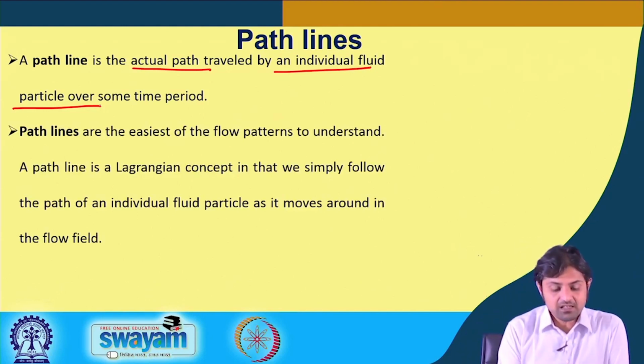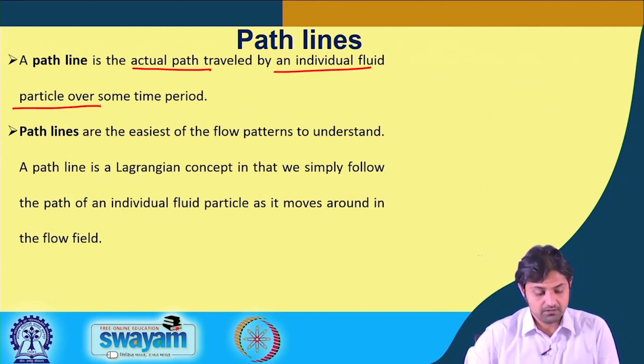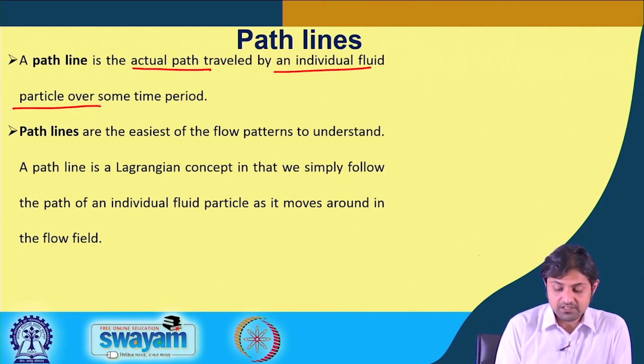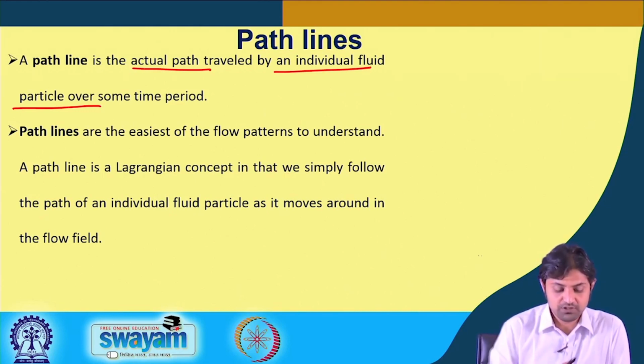So, path lines are the easiest of the flow patterns to understand, okay, and a path line is a Lagrangian concept in that we simply follow the path of the individual fluid particle as it moves around in the flow field.